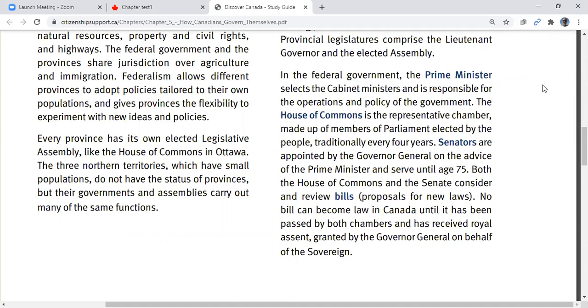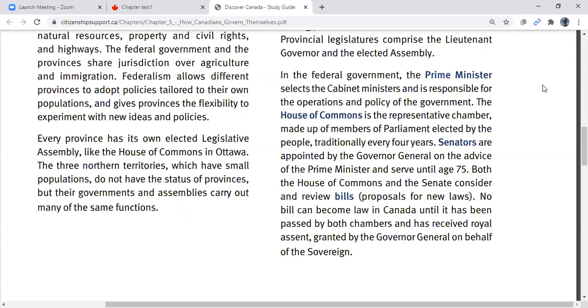Both the House of Commons and the Senate consider and review bills, proposals for new laws. No bill can become law in Canada until it has been passed by both chambers and has received royal assent, granted by the Governor General on behalf of the sovereign.